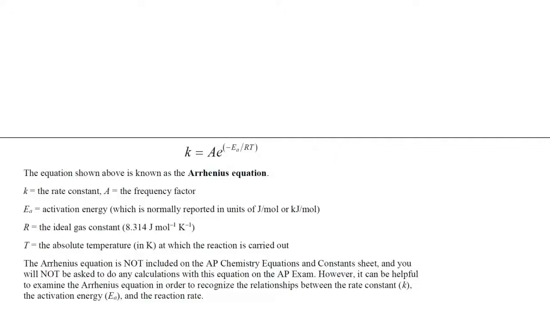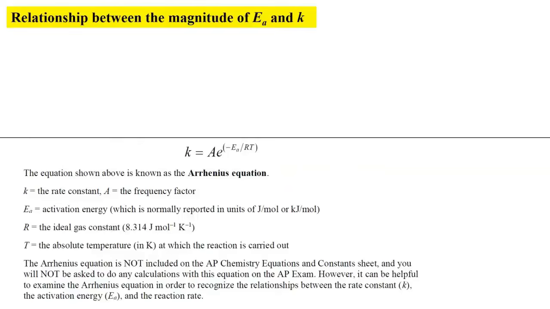Well, I think it can be helpful to examine the variables in the Arrhenius equation to recognize the relationships between variables such as the rate constant k, the activation energy, which we label as E sub A, and the overall reaction rate. So here is the relationship between the magnitude of the activation energy and the rate constant k.